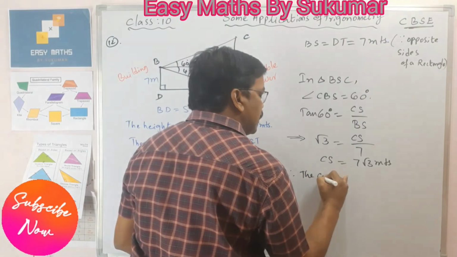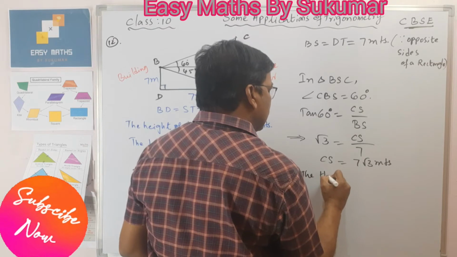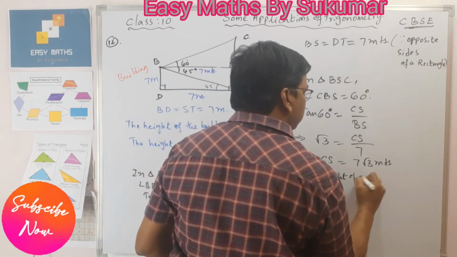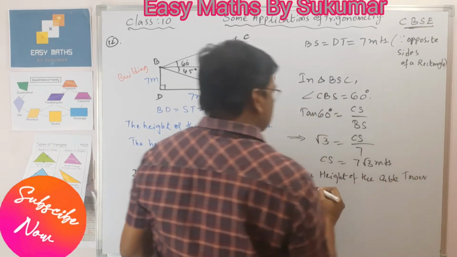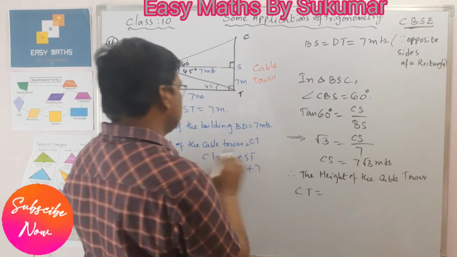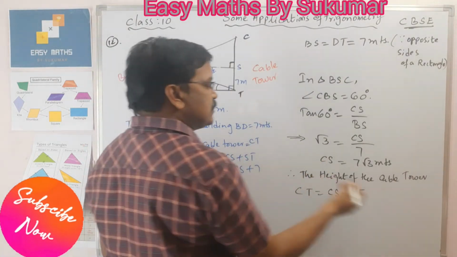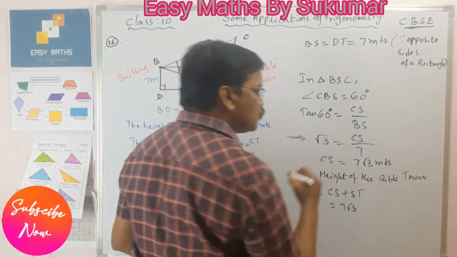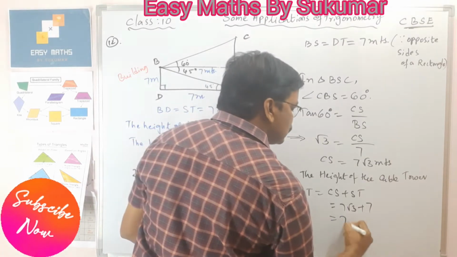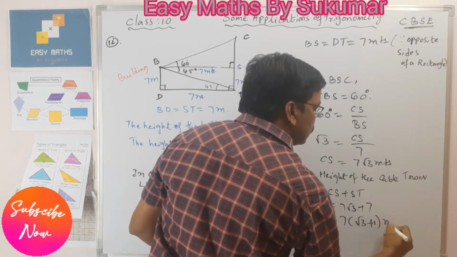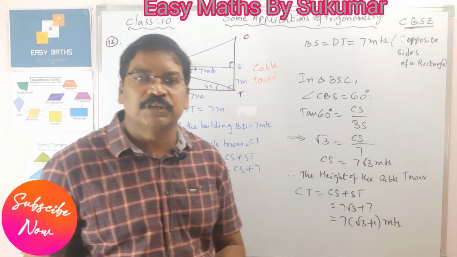Therefore, finally the height of the cable tower is CT. What is CT? CS plus ST. CS we have just found, that is 7 root 3, plus this ST, which is 7. So take 7 as common. That means 7 times root 3 plus 1 meters. Therefore, the height of the cable tower is 7 times (root 3 plus 1) meters.